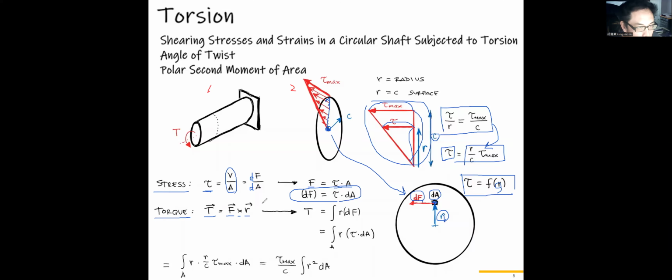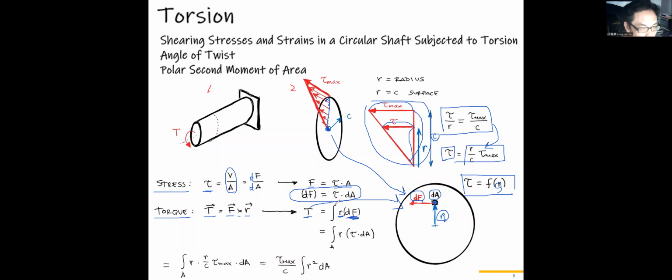In this case, dF is the shear force crossed with the distance, or we say times, because the force right now is perpendicular to the distance r. Therefore, we can regard the cross as a times. You know what I'm saying?